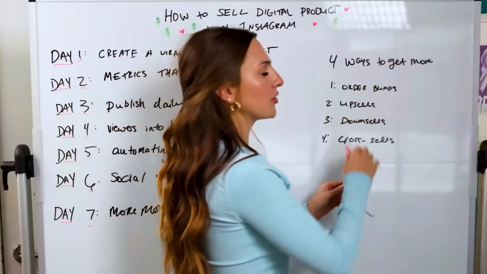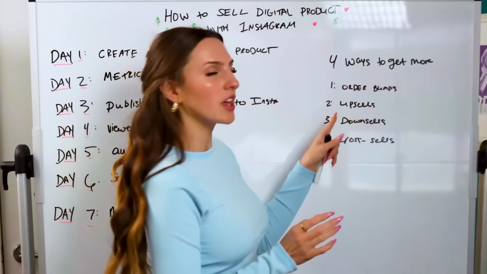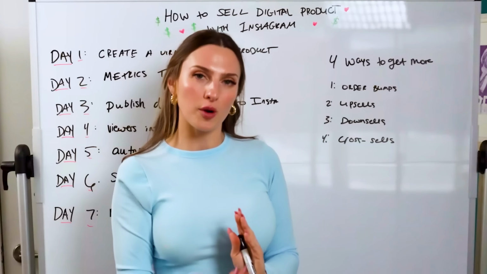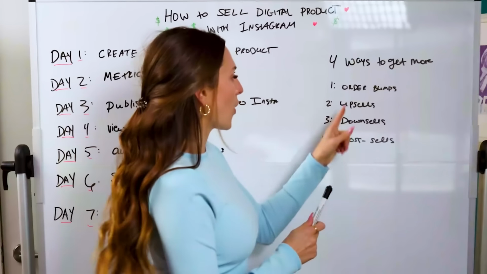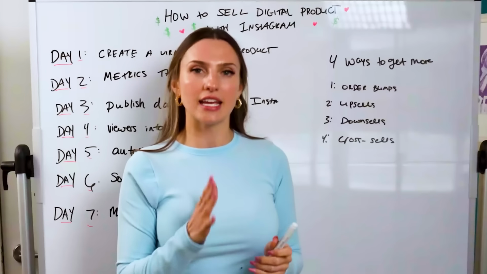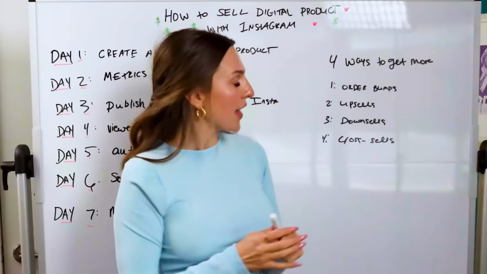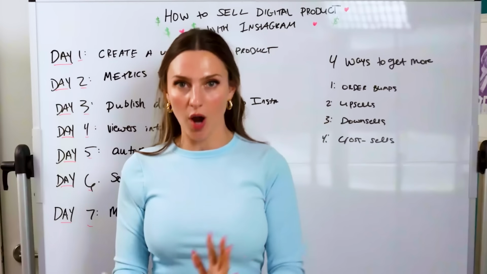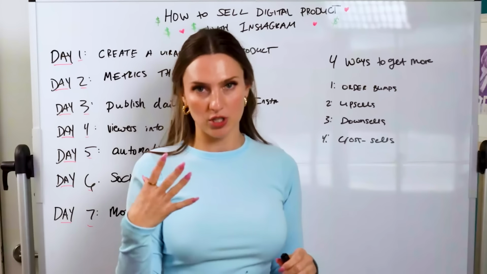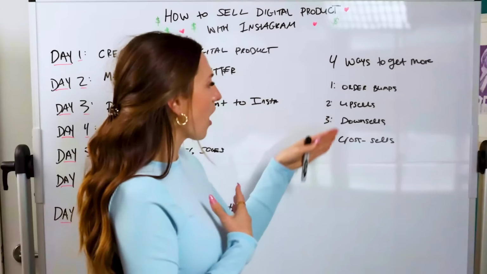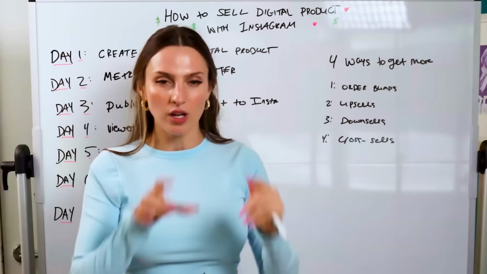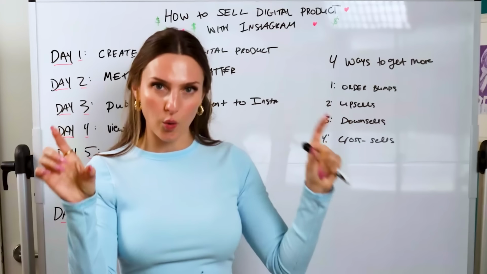Now we have upsells. Upsells happen after they've purchased the initial thing, before they click away from the entire page. So once they fully check out, they're taken to the next page and they have the option to buy additional products. For me, if I go to skincare websites, I'll buy my skincare, I check out, and the page will say, thank you for your order.